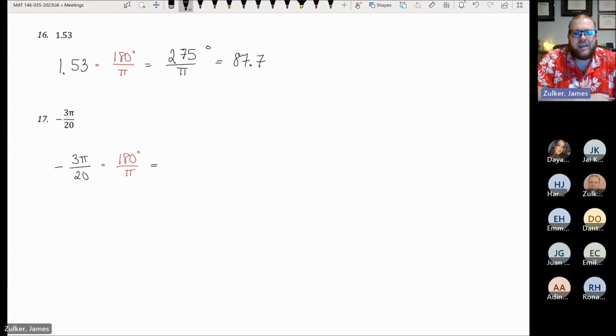Make it 3 pi over 20. 180 over 20 is 9, and we get negative 27 degrees.